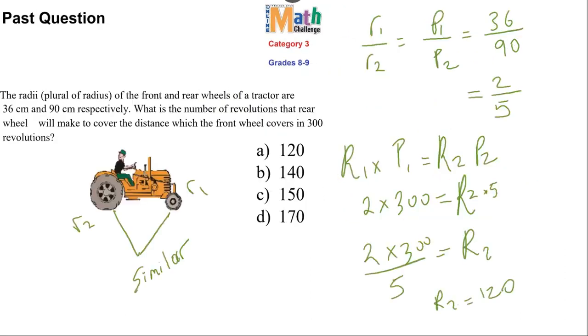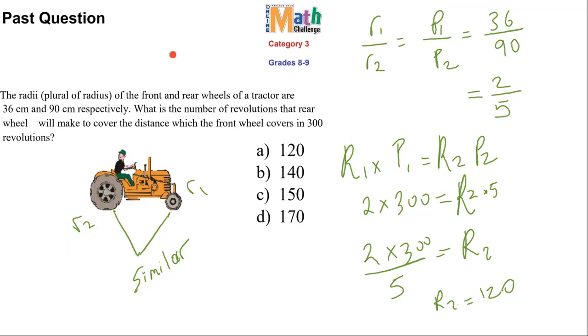So our third question is related to a tractor. The radii given for these 2 wheels, let's call this wheel 1 and wheel 2, and radius 1, radius 2.